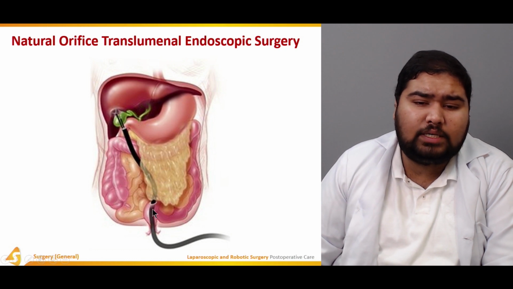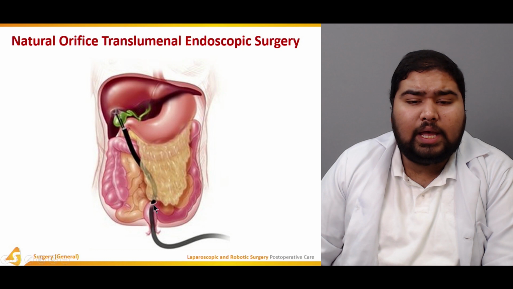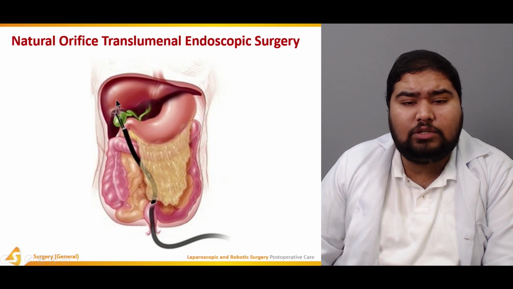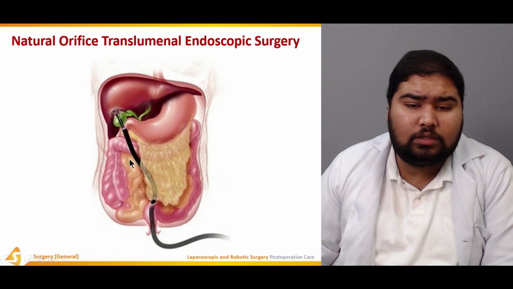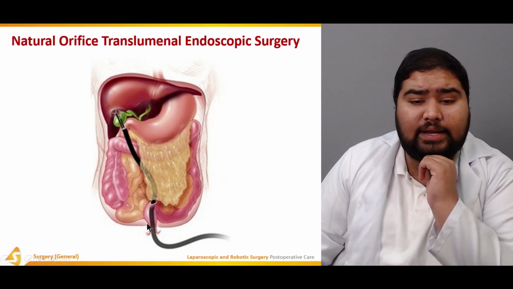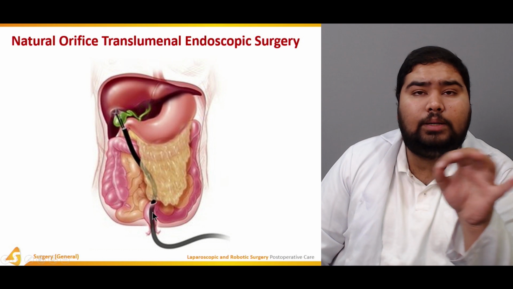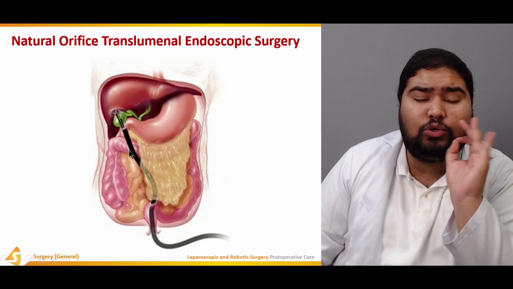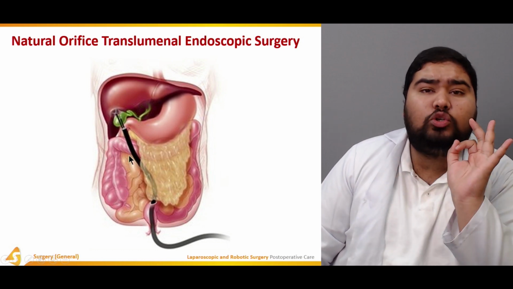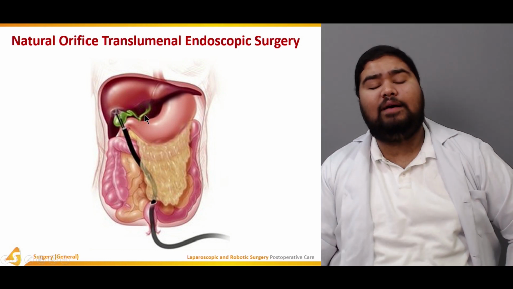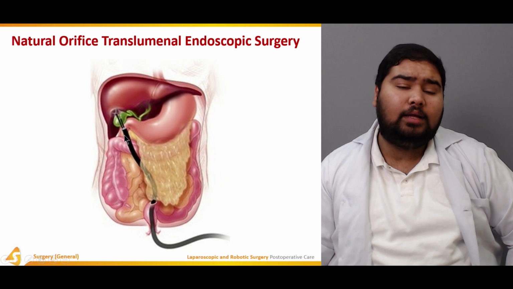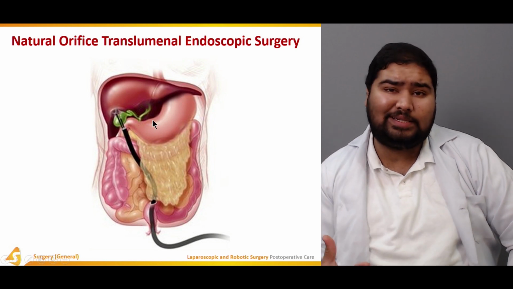They have formed a small opening in this, and from this they have entered into the peritoneal area. This is the rectal canal, this is how they have used a natural orifice to enter the peritoneal cavity, and through this they are performing the gallbladder surgery or cholecystectomy.